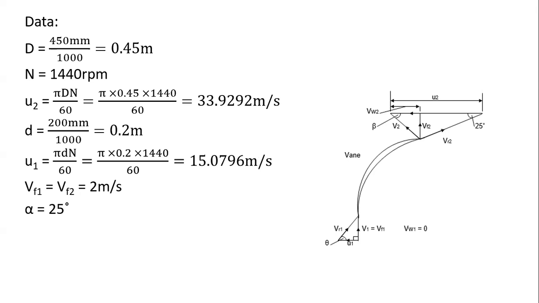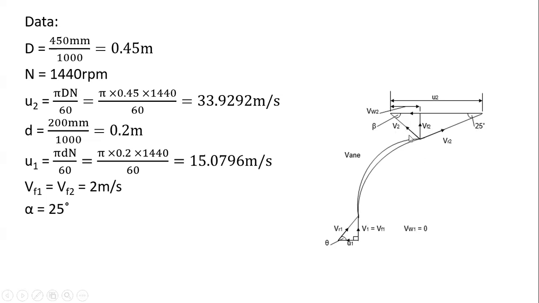Then check back again. We're told that on exit, the vanes are curved back at an angle of 25 degrees. If you take the tangent of this vane, what it makes with the horizontal is the 25 degrees that was provided. So that is the angle there, 25 degrees.